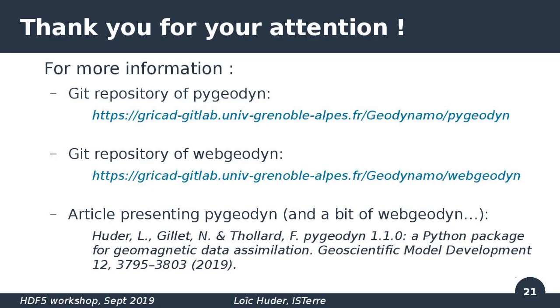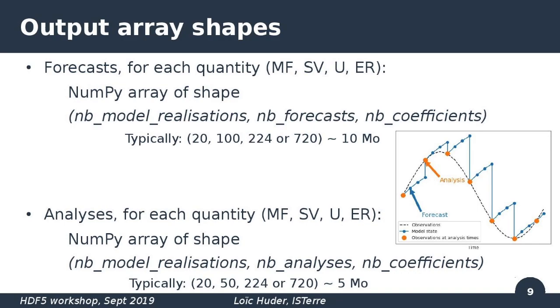Thank you for your presentation. I guess you're storing mainly floating point data. Did you try compression of the floating point data? As you can see from my previous slide, for each data set we have 10 megabytes.